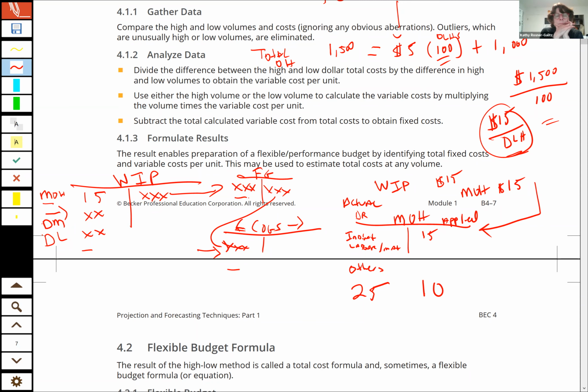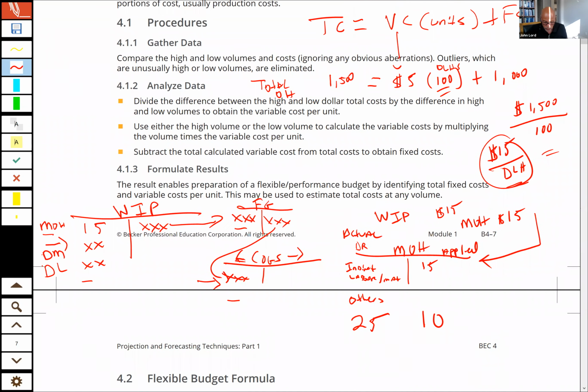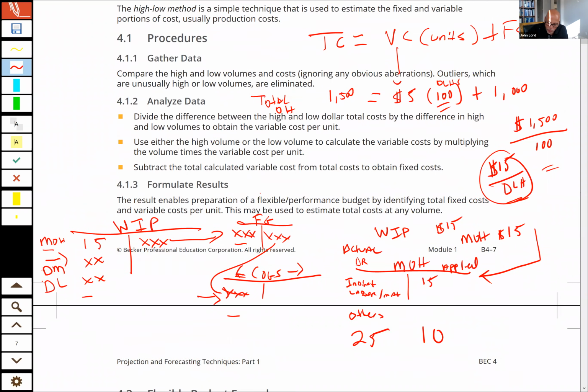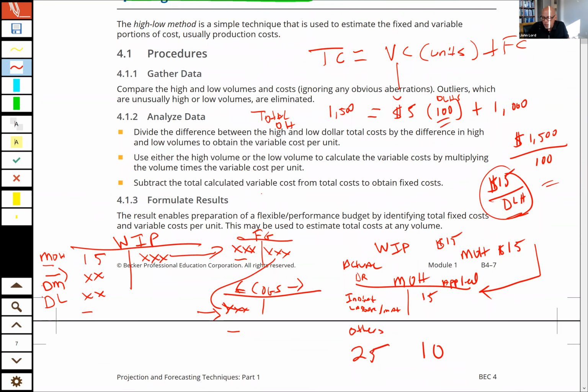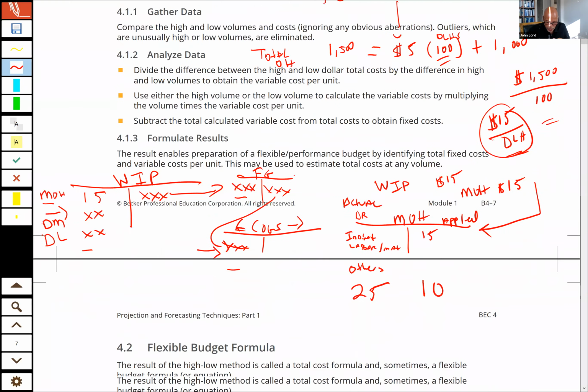Right? Okay. So my point here is that it's okay if you're off. Whereas regression analysis is a more sophisticated way of doing this, you could use high-low.